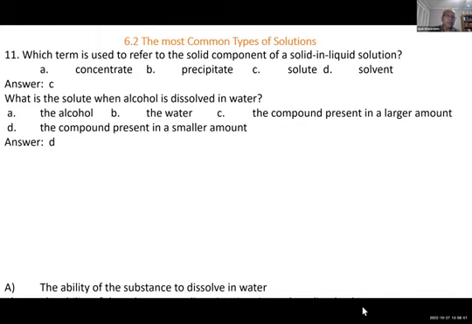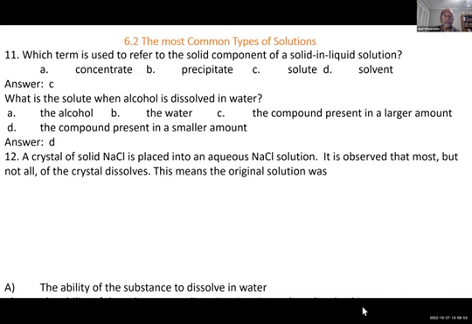A crystal of solid sodium chloride is placed into an aqueous sodium chloride solution. Most but not all crystals dissolve. Now we have to decide between saturated, supersaturated, or unsaturated. It is observed that most are gone, but not all.